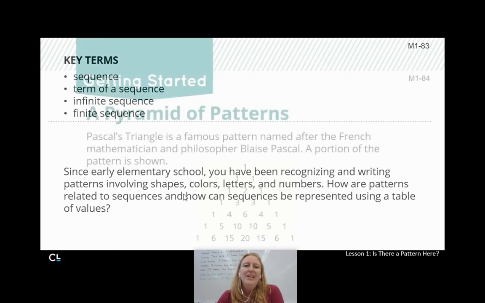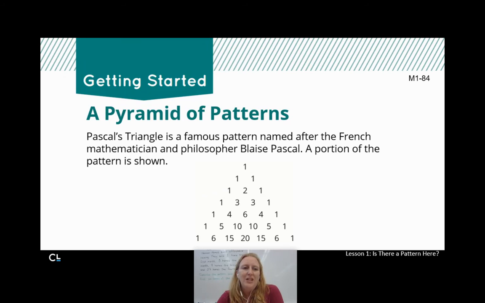For our getting started activity on page 84, we have a pyramid of patterns. This is Pascal's triangle. Pascal's triangle is a famous pattern named after the French mathematician and philosopher Blaise Pascal. And I probably pronounced that badly because my French is terrible. A portion of the pattern is shown.